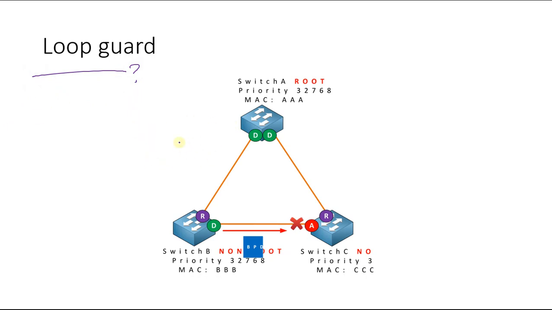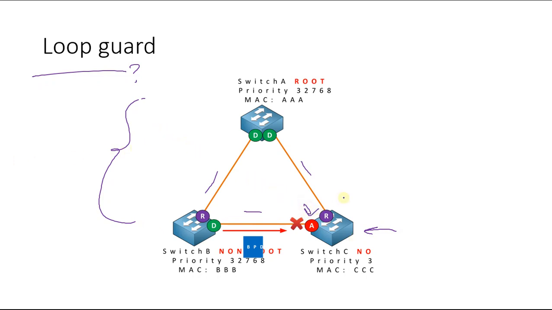Based on our topology, imagine the links between the switches are fiber links. Okay, this is fiber, this is fiber, this is fiber. In reality, there are different connectors for transmit and receive. Switch C here is receiving BPDUs from switch B. As a result, the interface has become an alternate port and is in blocking mode.